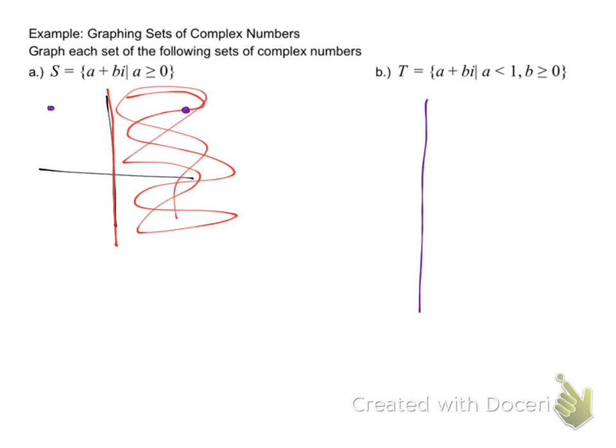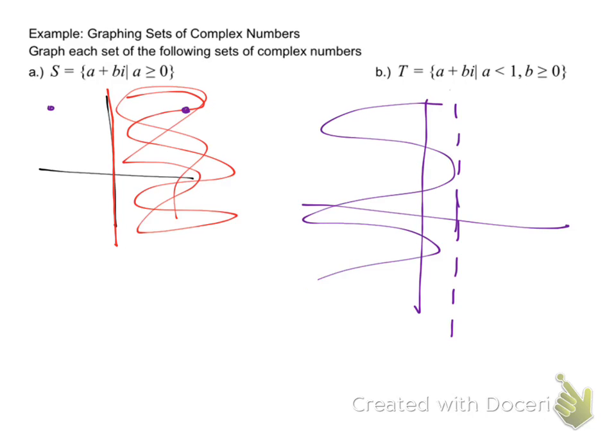Graph the second one. Still talking about complex numbers, a plus bi. a has to be less than 1. So it's a vertical line that's dotted, shaded to the left, because it says less than. Oh, yeah.